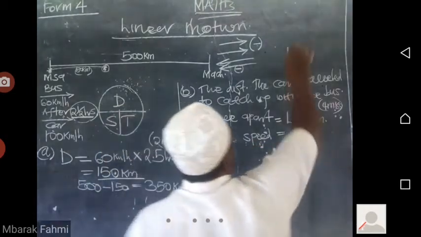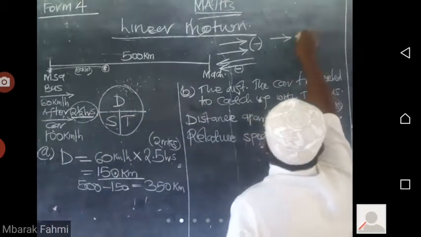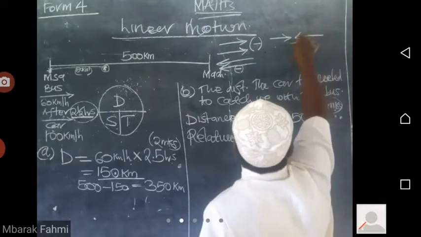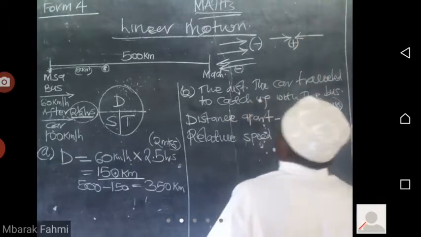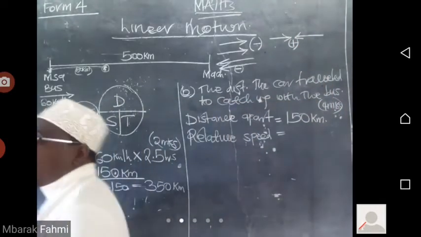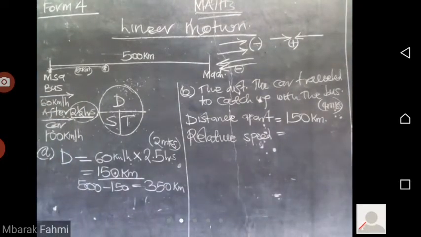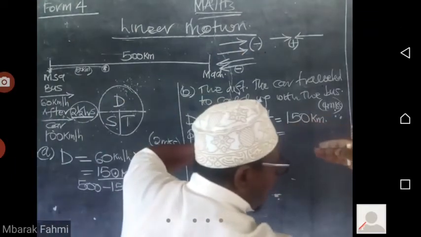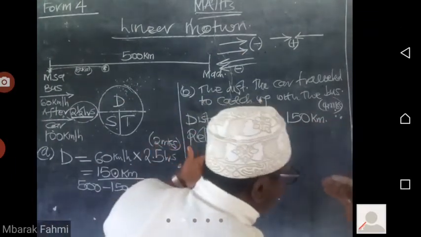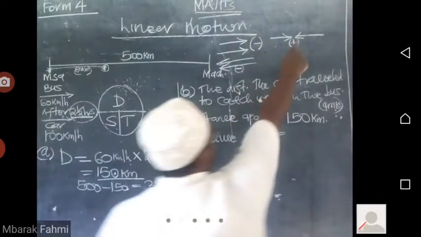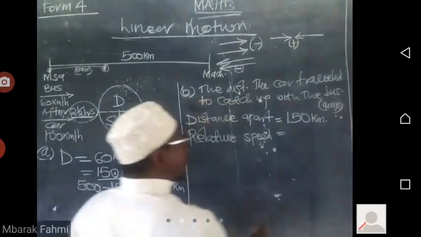If they are moving towards each other or against each other, to calculate the relative speed, you add. If they are moving in the opposite direction or towards each other, then we add.